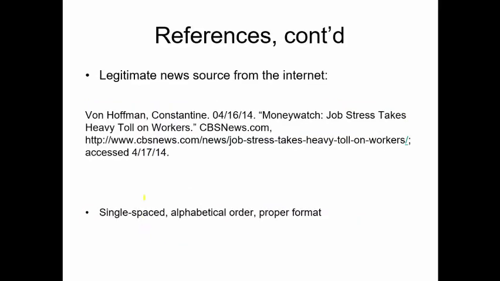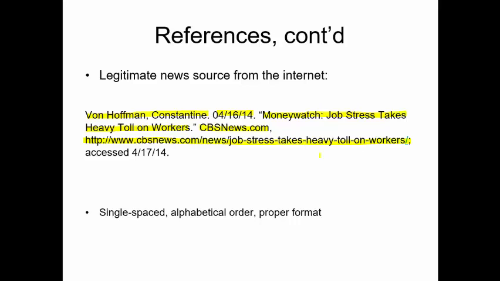If you're looking for a legitimate news source from the internet, it's very similar. You've got last name first, followed by the date that that article was posted on the website. Here's the actual title of that article, and here's the website that posted it. Very logical order, and of course that's all followed by the web link.